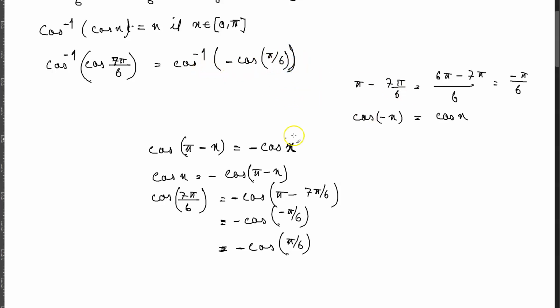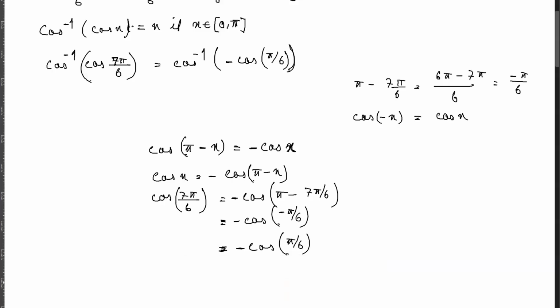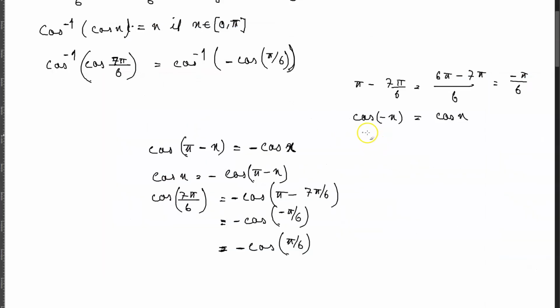And now one thing that you need to pay attention to is that we said that the cos inverse of negative x is equal to pi minus cos inverse of x for x belonging to the set negative 1, 1.